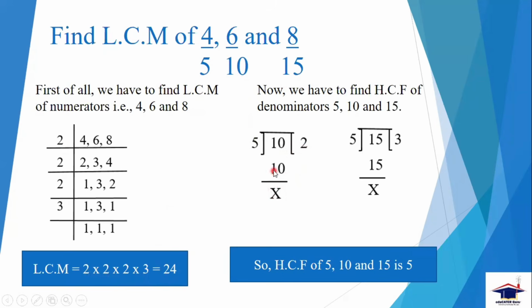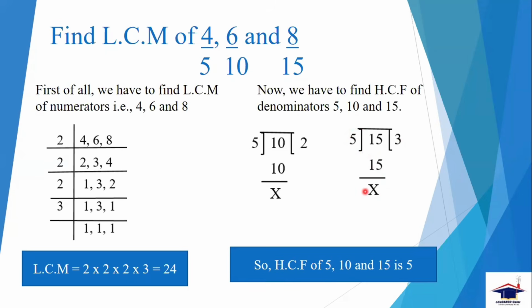The last divisor was 5. With 5, you take the bigger number 15 and consider 5 as the divisor. 5 threes are 15, so the remainder becomes 0. The last divisor was 5. Hence, the HCF of 5, 10 and 15 is 5.